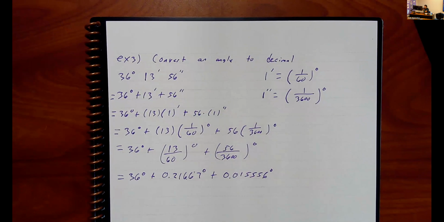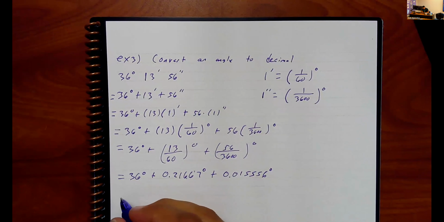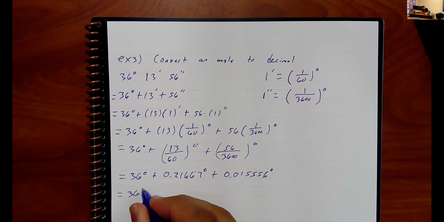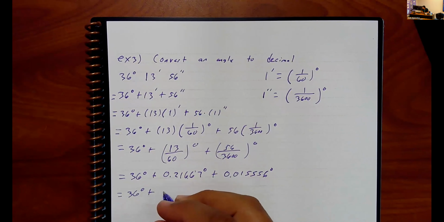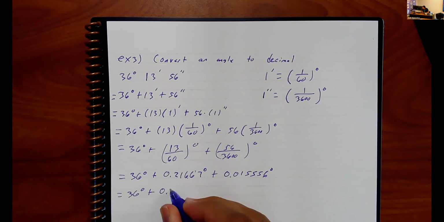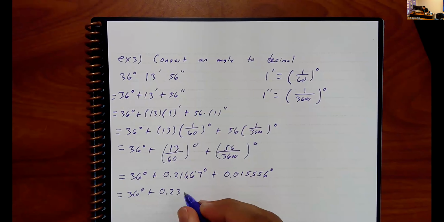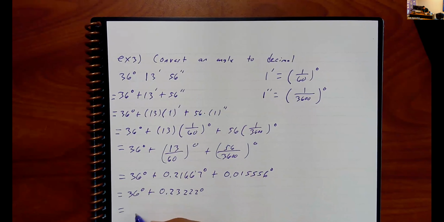To add them up, that'll be 36 plus 0.23222. And that's it. It's round to 2 decimal places.